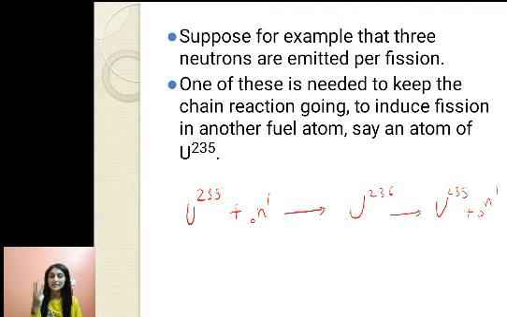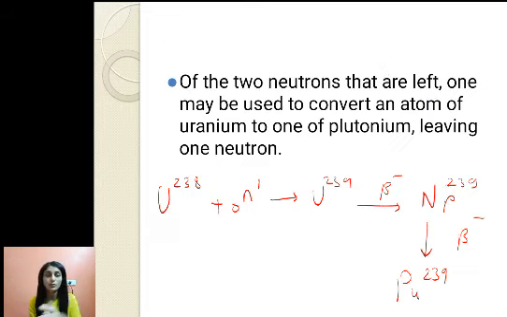Out of the 3 neutrons, we need one neutron to continue the chain reaction. Now what about the other 2 neutrons? Suppose we use one of them to convert an atom of uranium to an atom of plutonium.